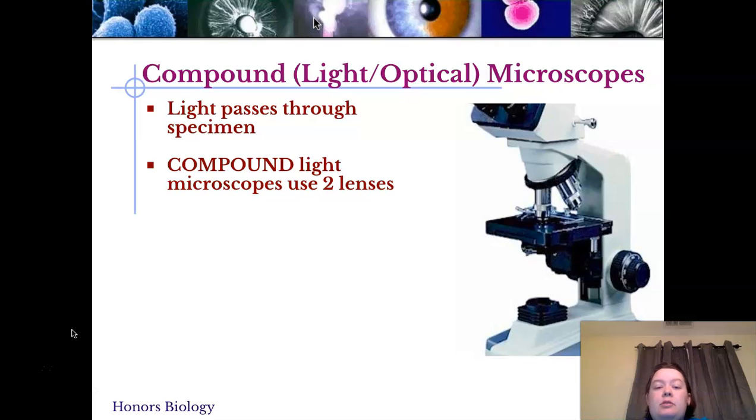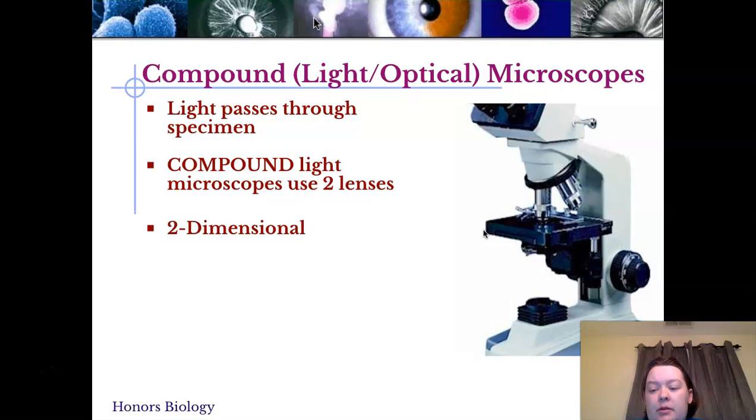The light microscope is also known as the compound microscope because it uses a series of two lenses. So you have the lens at the top that you initially look through at the eyepiece, and then you also have a lens down here. These are known as the objective lenses. So it's called compound because it uses two lenses to view your specimen through.